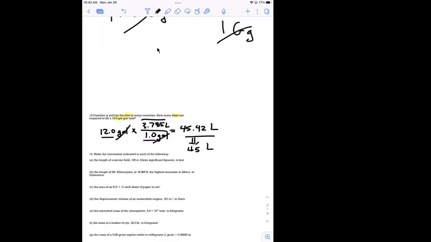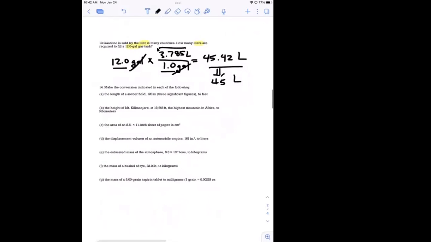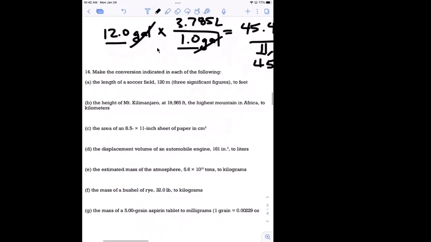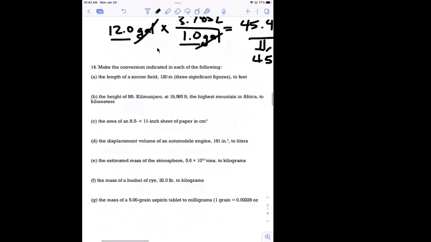All right. Let's go to here. It says make the conversion, and it says in three sig-figs, make the conversion the length of a soccer field, 120 meters to feet. So we need a conversion factor from what? Meters to feet, is that right?